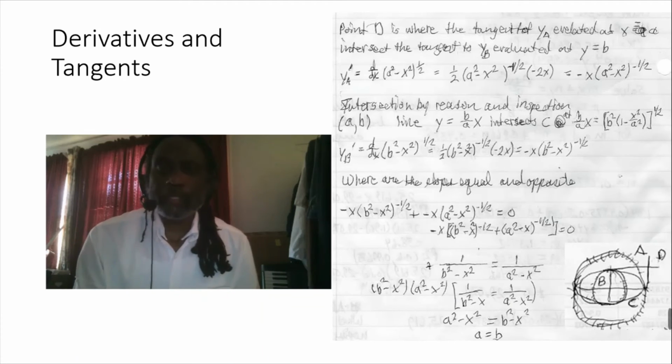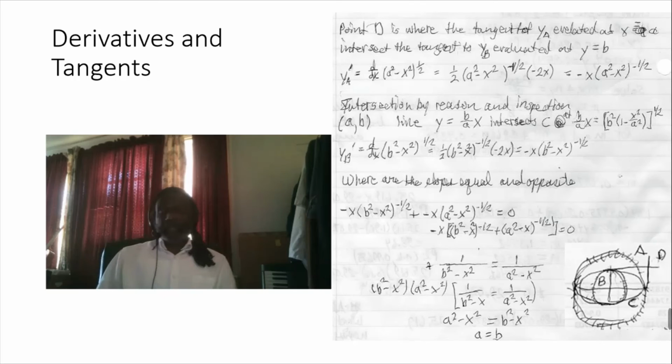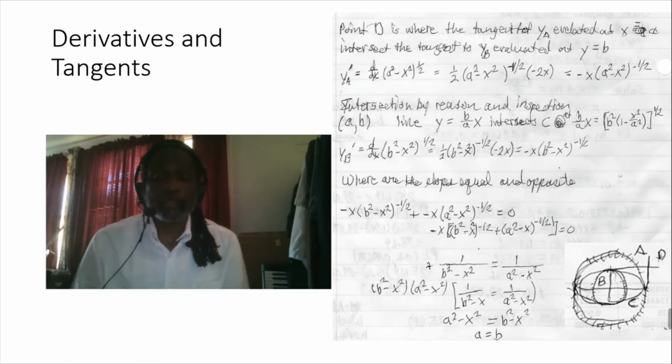And when I worked that through some math, I came to the solution A equals B. And so that would say pretty much that this would only work if the major and minor axis were of the same length, or in other words, with a circle. And so it's time to move on to bigger and better things.